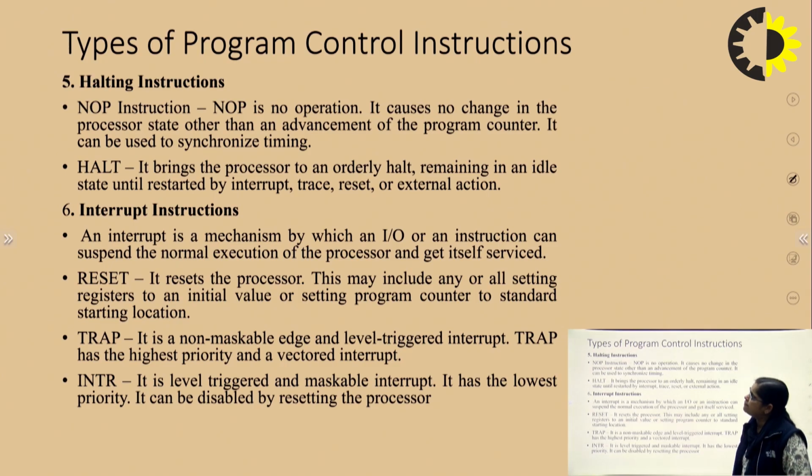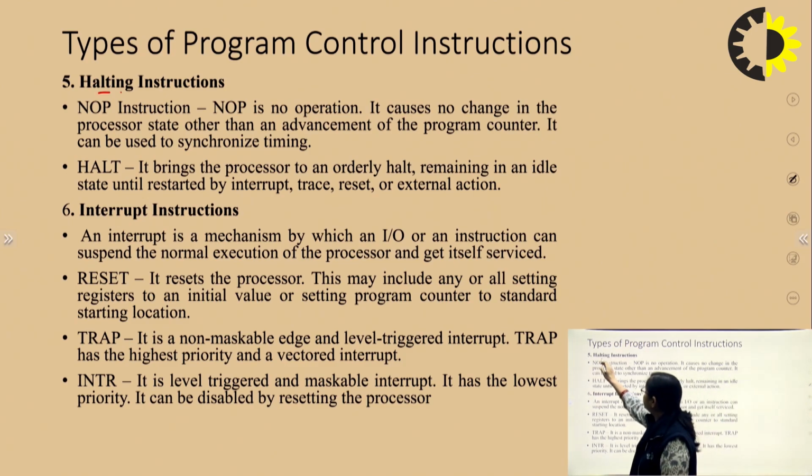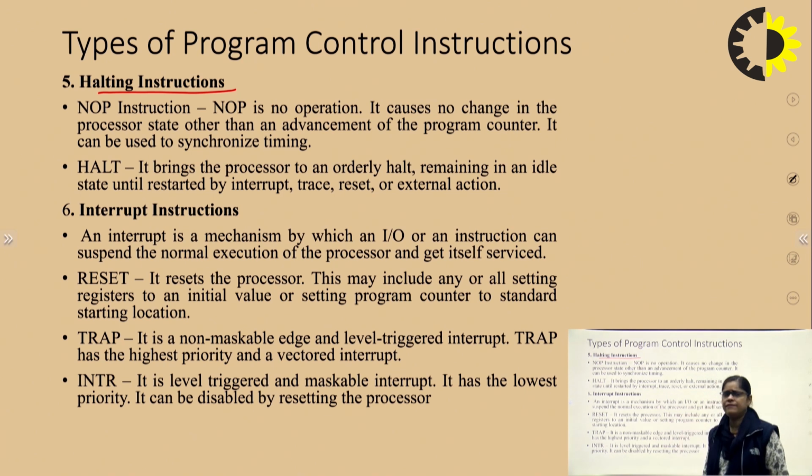There are two more types of program control instructions. The fifth one is the halting instruction. It's a very simple instruction, the NOP instruction. What do you mean by NOP? It means no operation. Because of the NOP instruction, there will be no change in the processor state or the program counter.